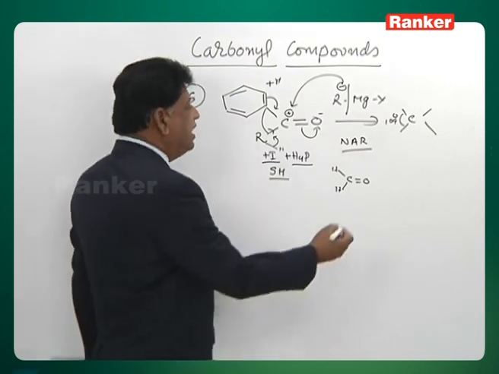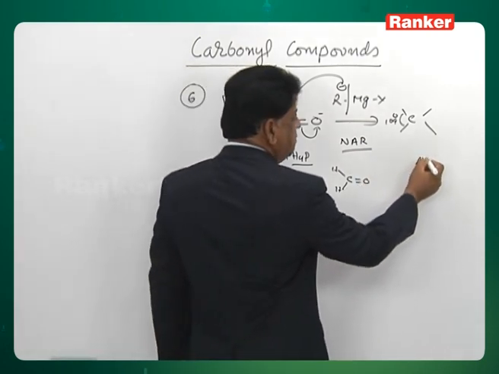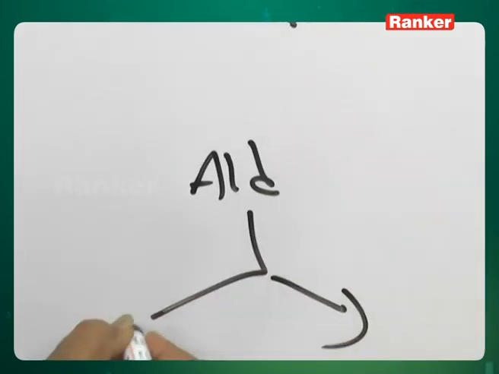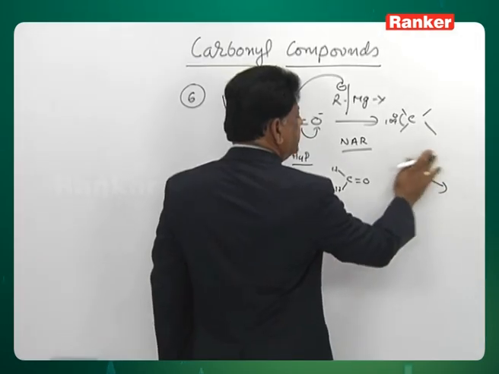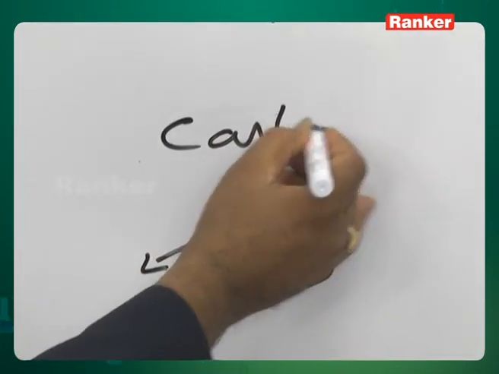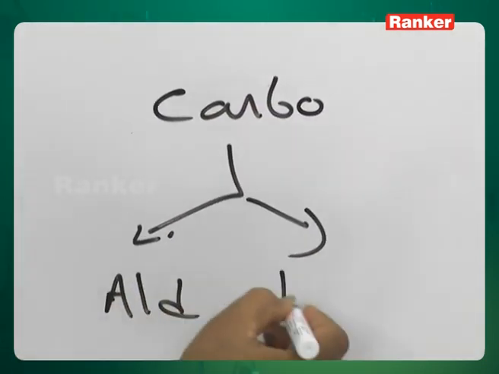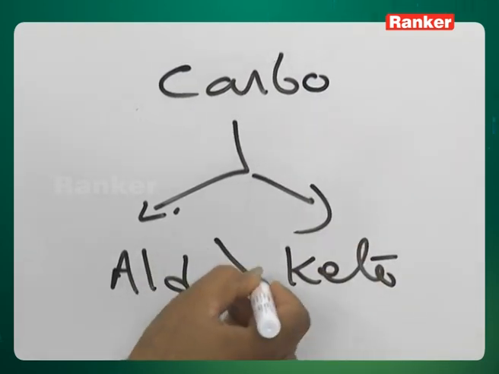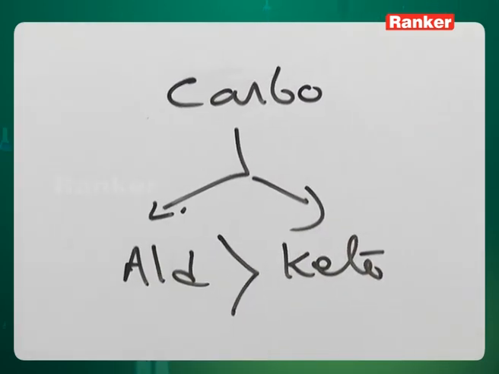So therefore, we have a general classification like this. If you classify carbonyl compounds into two types, aldehydes and ketones, remember that in general, aldehydes are more reactive than ketones.